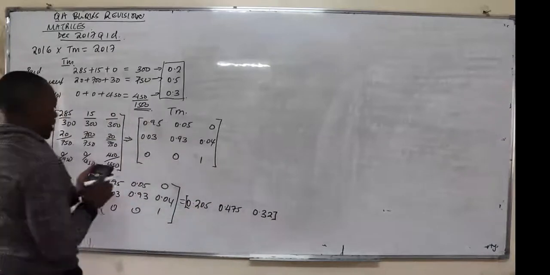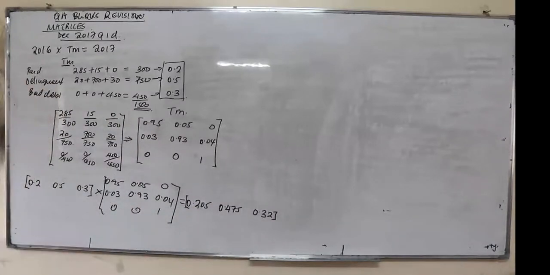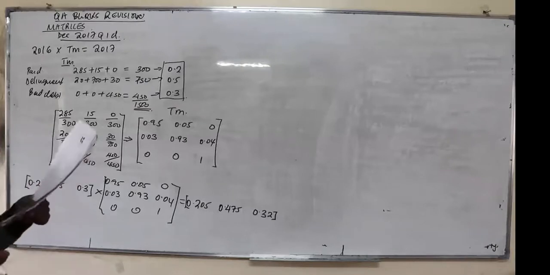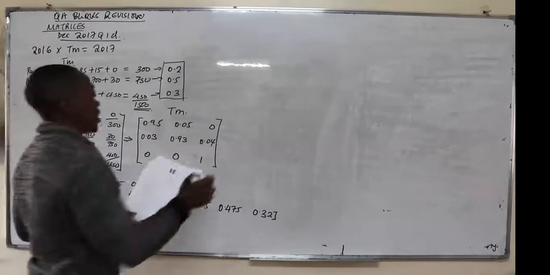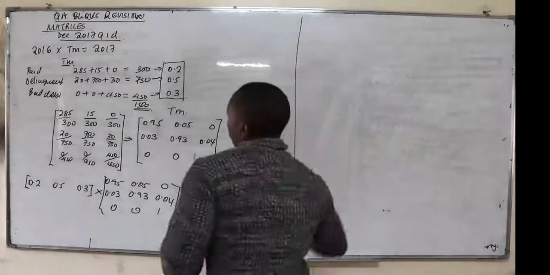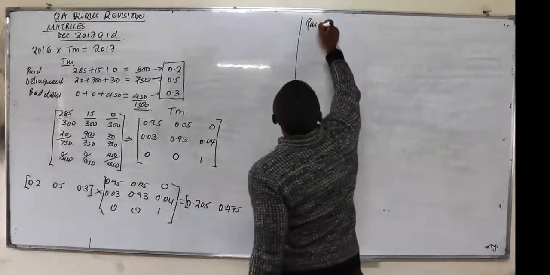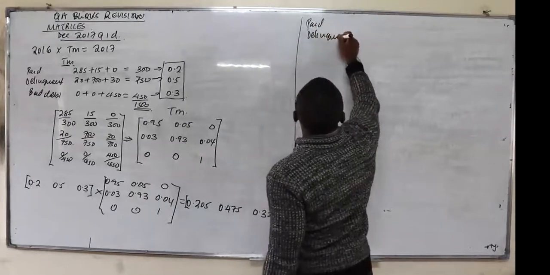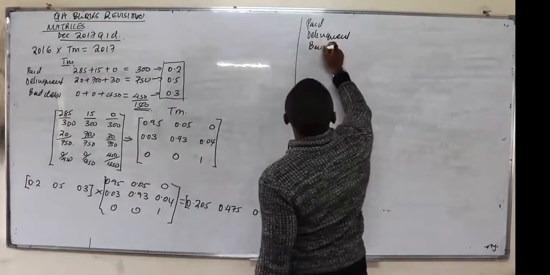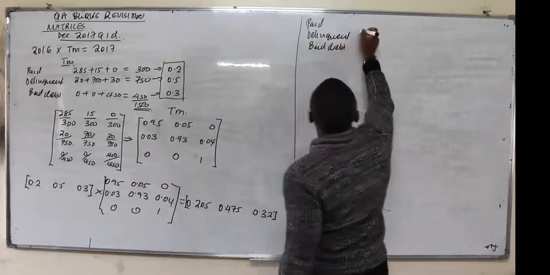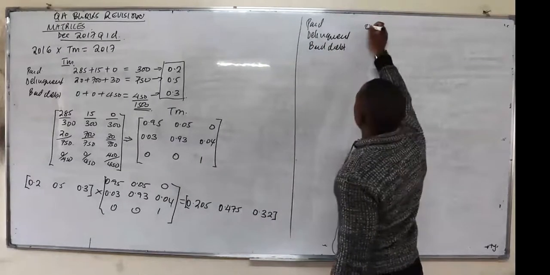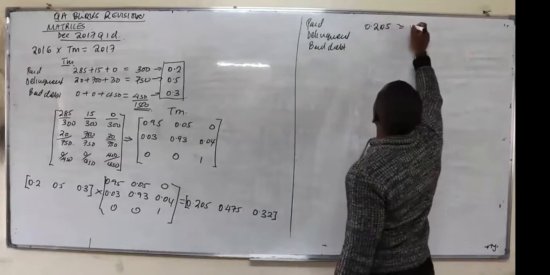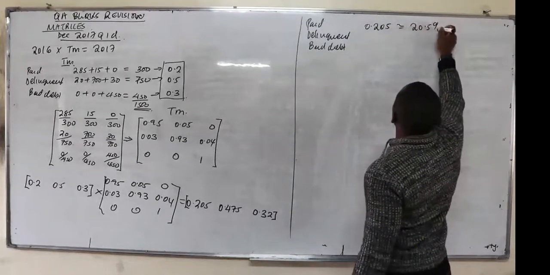So now, we wanted them in percentage. The requirement was the percentage of customers that will be in each of the categories. So for those deemed to be paid, we have 0.205, which is equivalent to 20.5%.